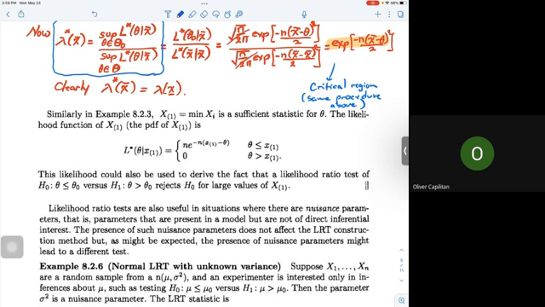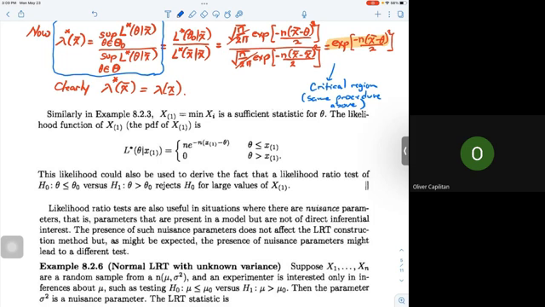So anong gamit itong remark na to? Mas mapadali yung pag-determine nating likelihood ratio test statistic kung alam natin yung sufficient statistic at saka kung alam din natin yung kanyang distribution.